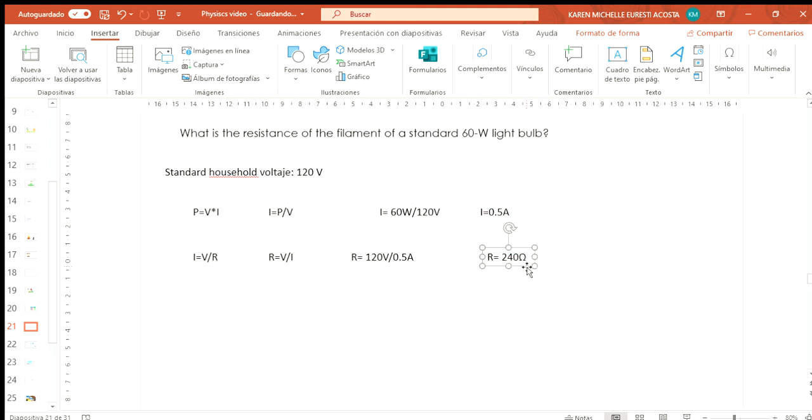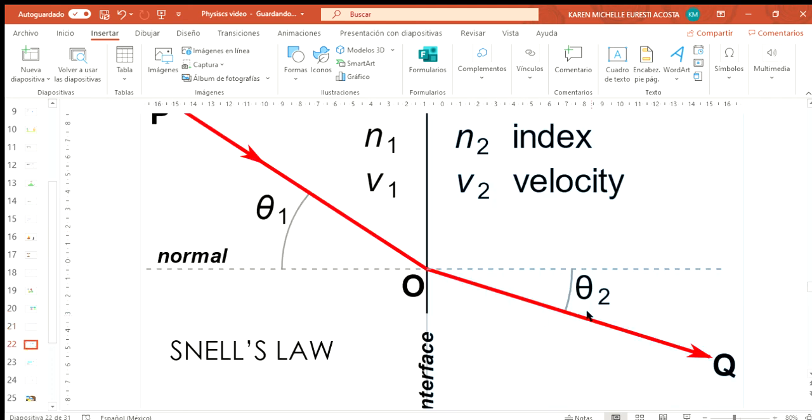This is our final answer, 240 ohms of resistance. Now we go for Snell's law.